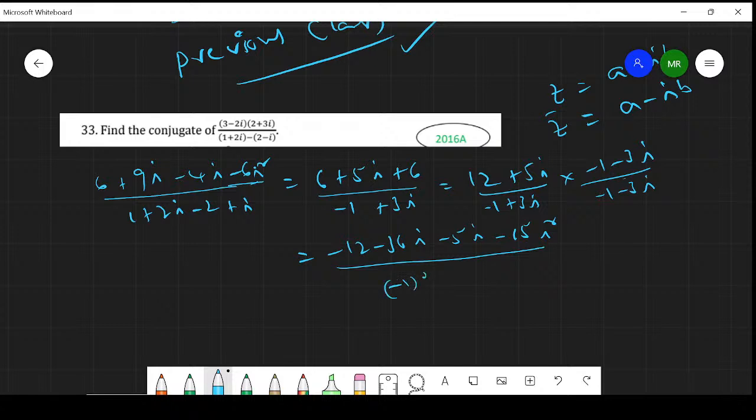So minus 1 whole square minus 3i whole square. Just you try to simplify.